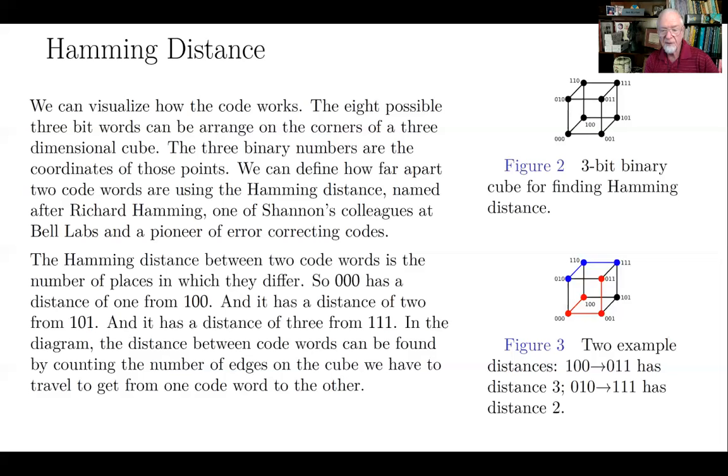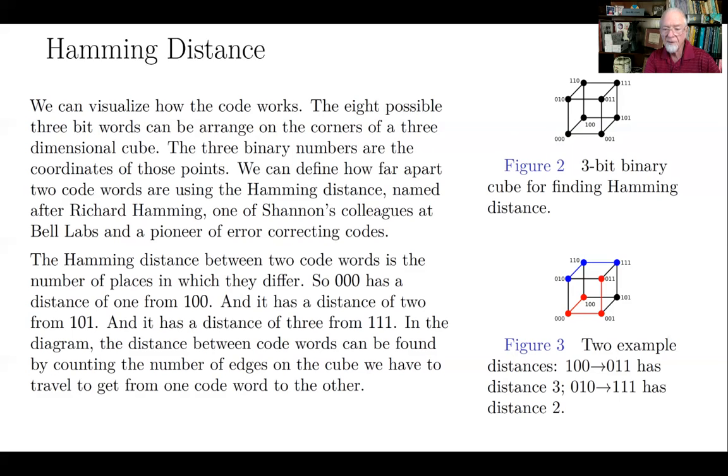And so the example shown here, the 1, 0, 0 to 0, 1, 1, that's the red. Whoops, let's go back. All right, so from 0, 0, 0, you go to 0, 1, and then you go to 0, 1, 1. So the red ones there, these two corners, that's distance 2.